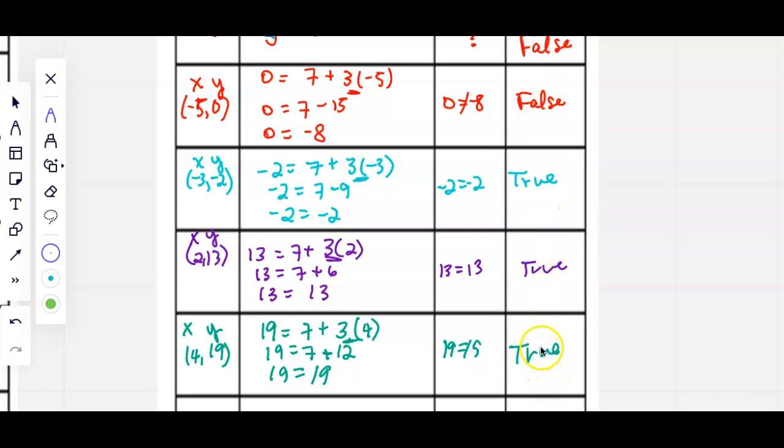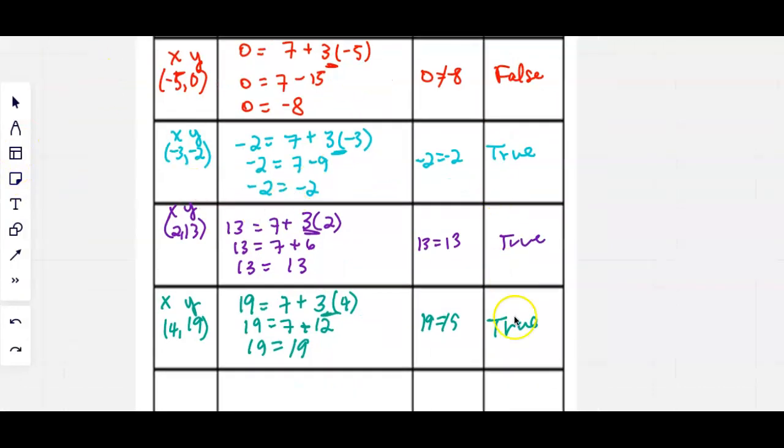Which means out of all these 4, the only 2 that work, or sorry, let's see. Looks like these last 3 worked. Yeah, so it looks like these bottom 3 did work. I thought it was just the bottom 2, but if you look, we had all those bottom 3 we said were true. So let's grab the red again, write our solution on this last box I made for us. So we're going to write out all 3 of these ordered pairs.